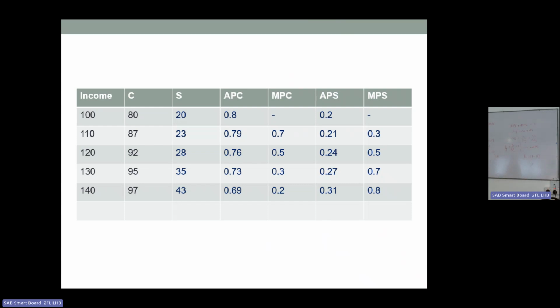Then you can calculate the average propensity to consume, that is C divided by Y. For the marginal propensity to consume, delta C over delta Y, we take the change in C divided by the change in Y. The average propensity to save, APS, means savings divided by income.